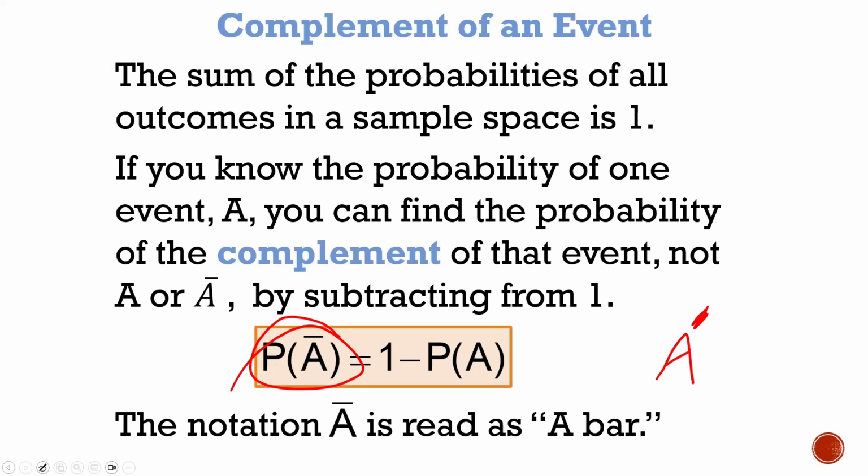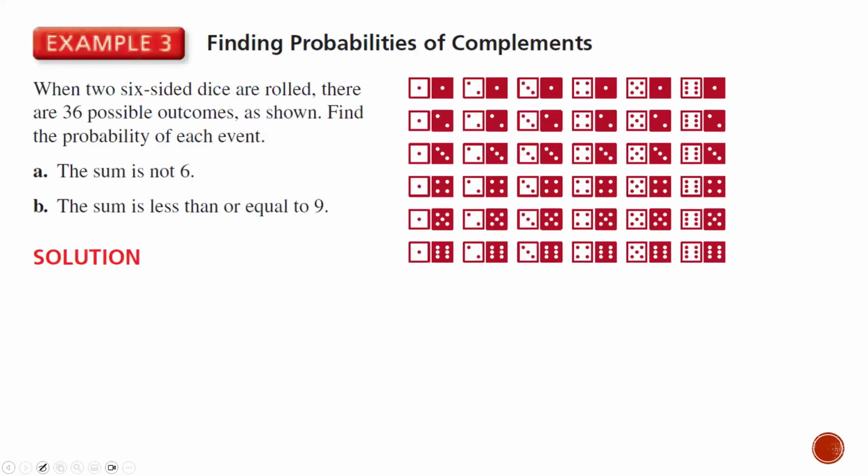Sometimes it is easier to compute certain events indirectly by calculating their complement, right?